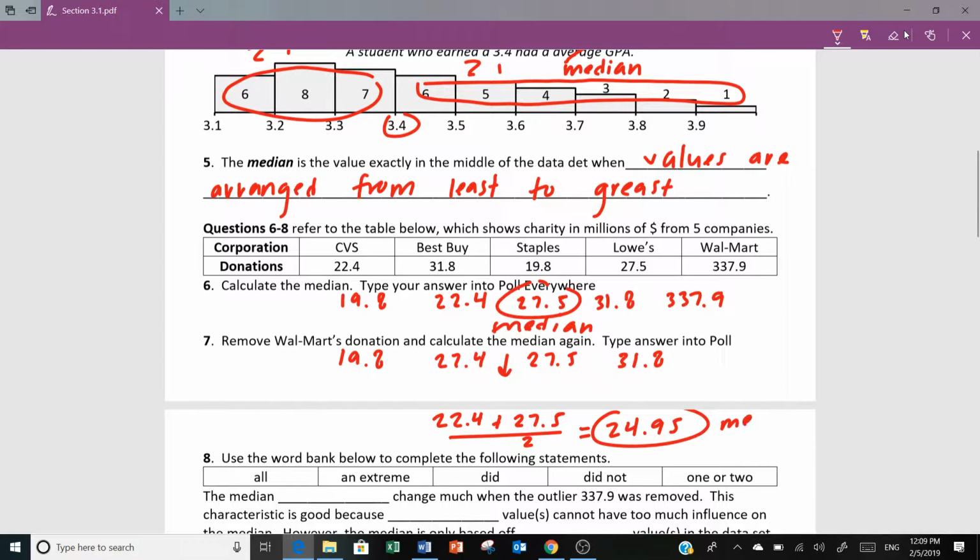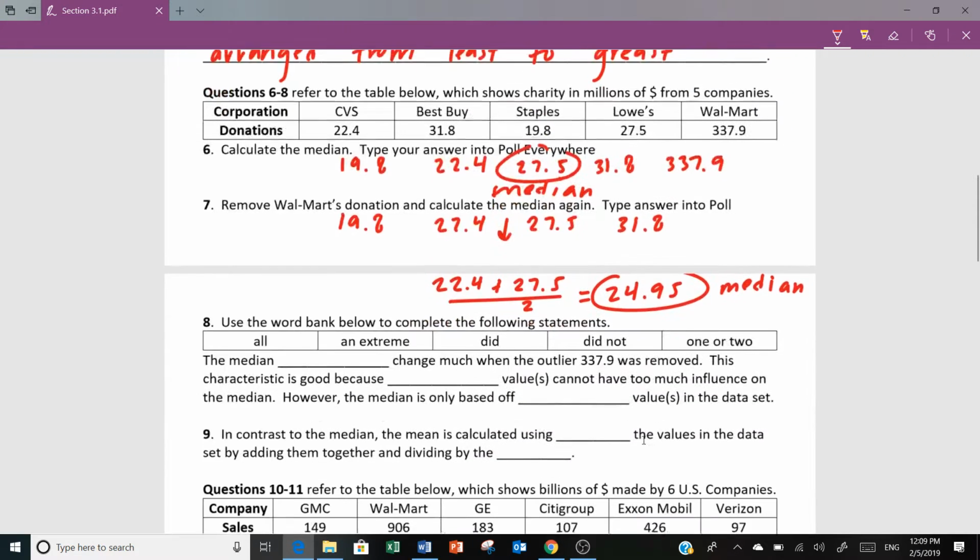And that's our median. So our original median was 27.5. We removed that really huge number, and it went down to 24.95.